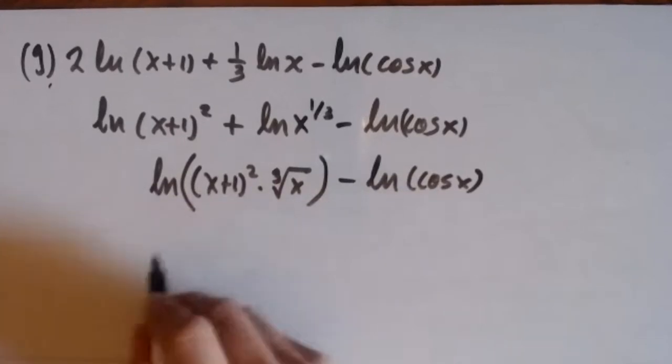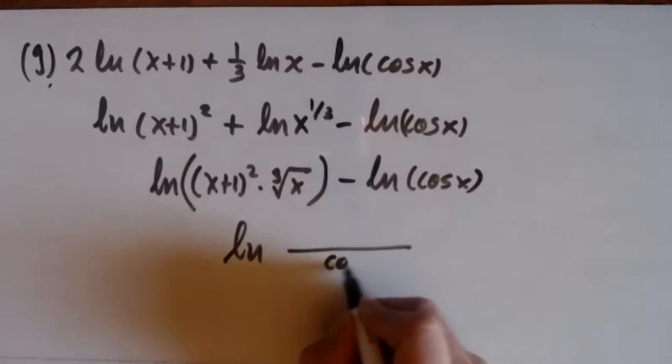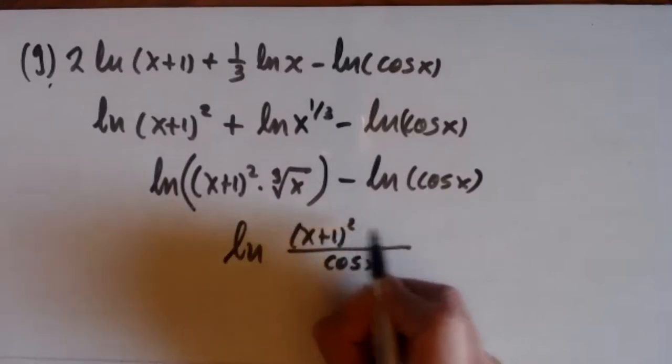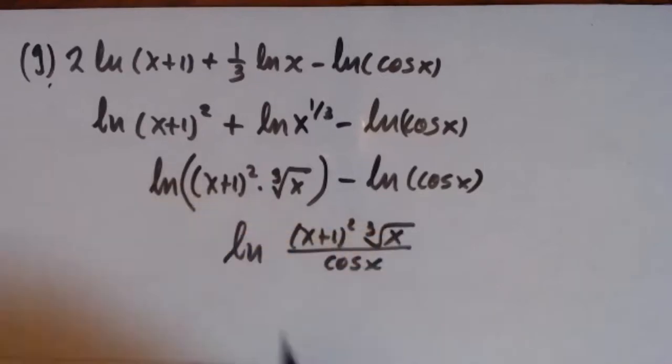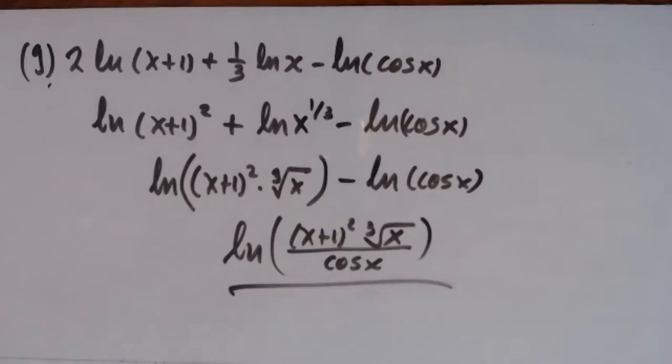Remember. So this is ln, big line, cosine x at the bottom, and at the top, (x plus 1) squared times the cubic root of x. That's my compressed expression. So I guess everybody recall that logs work in this way.